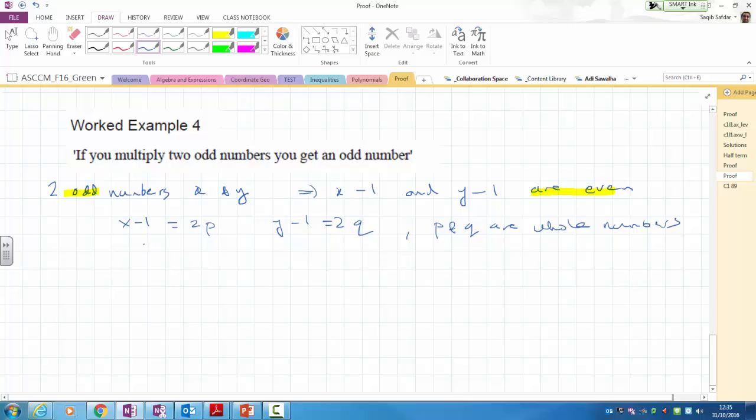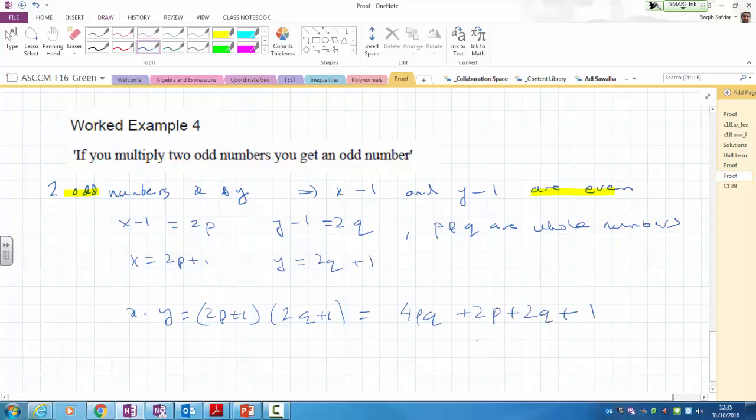And so therefore I can rearrange this and say x is 2p plus 1 and y equals 2q plus 1. And therefore the product, which was the original question, x times y, is going to be 2p plus 1 times 2q plus 1. And if you multiply that out, we get 4pq plus 2p plus 2q plus the 1.